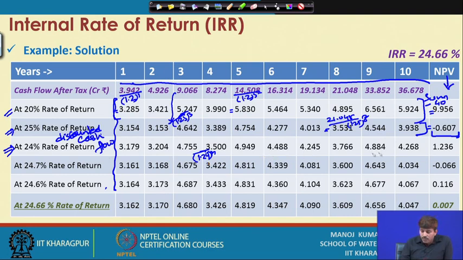So, we compute this, and when we get the sum of this and subtract 40, what we get is 1.236, still positive. So, that means it is going to be higher than 24. The internal rate of return is higher than 24, but less than 25. So, it is somewhere in between 24 and 25.